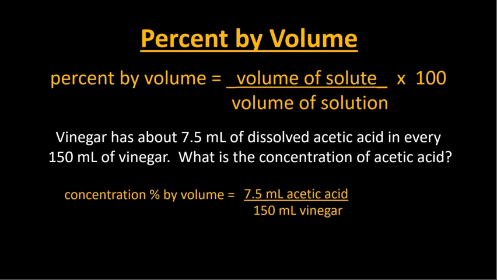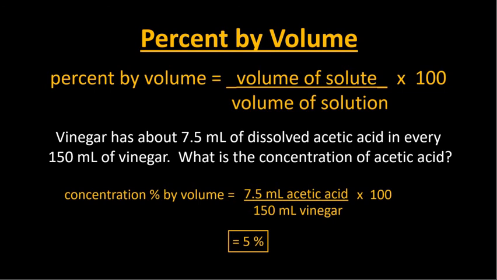Again, it does not matter which units you have as long as they are the same units. And in this case, they're milliliters. You multiply that by 100. You plug the numbers in your calculator, and what you'll find out is that vinegar is about 5% acetic acid. That's kind of why your nose burns if you try to smell vinegar, because of that acetic acid.